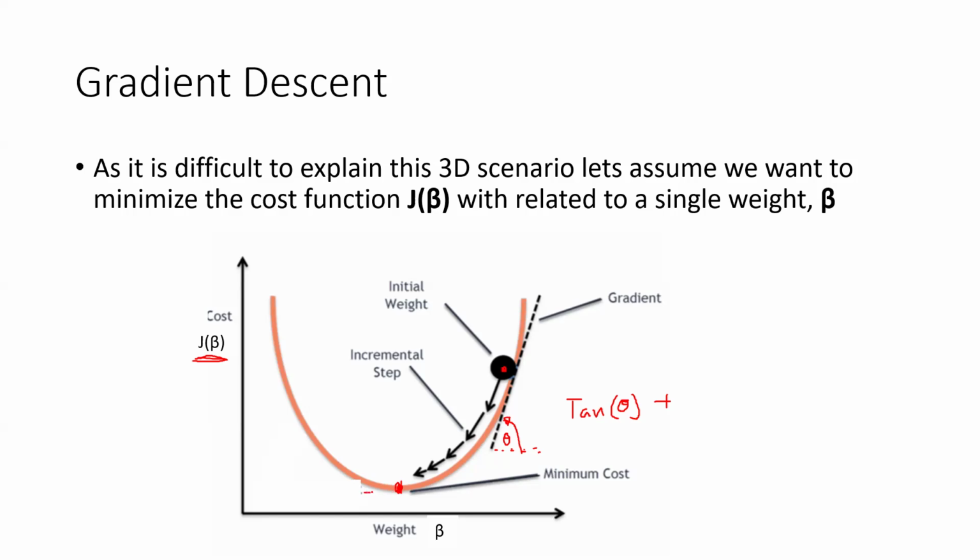You can draw a tangent at this point, and you can see the angle between this tangent and the beta axis is 0 because they are parallel. So when the angle is 0, the tan theta is 0. The gradient is 0.